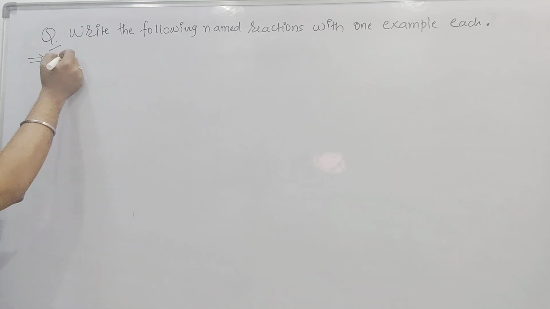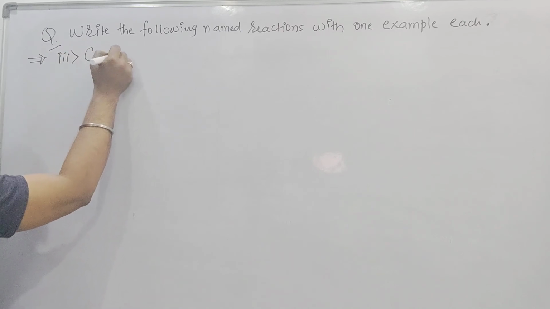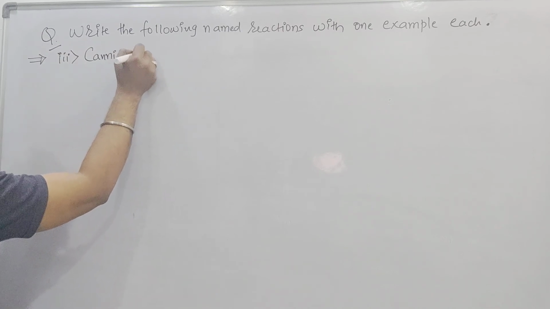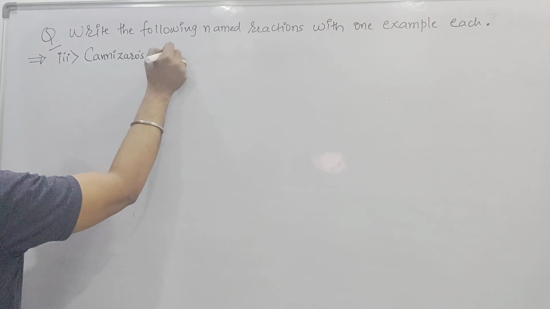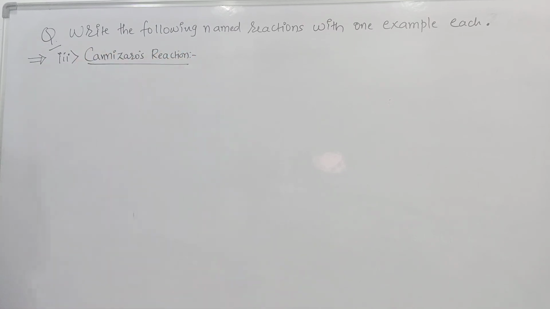But now the third one we will see here is one more name reaction called the Cannizzaro reaction. In this Cannizzaro reaction, we want an aldehyde without alpha hydrogen atom, but it must be reacted with concentrated NaOH and it undergoes self-oxidation and self-reduction.